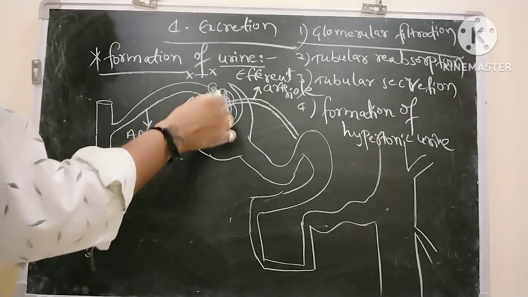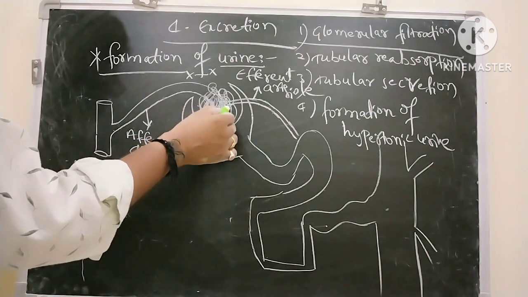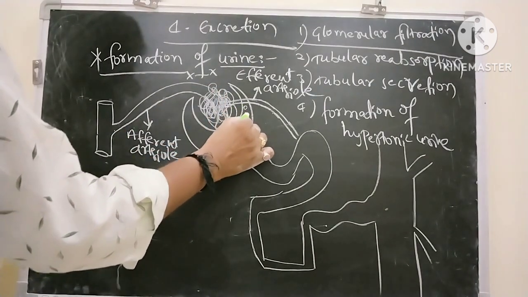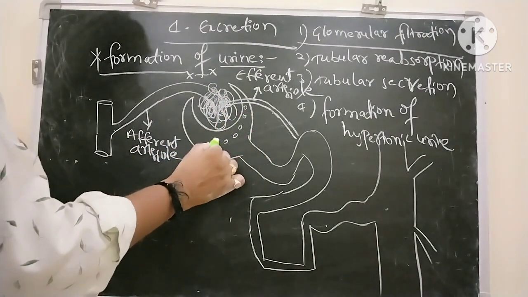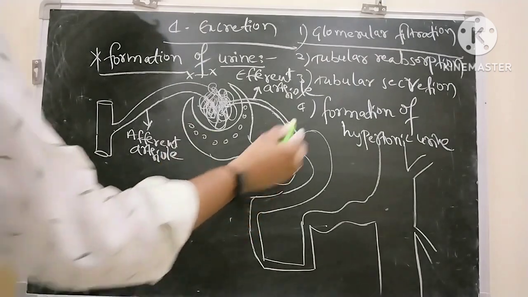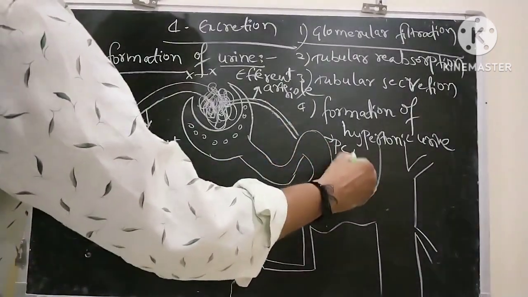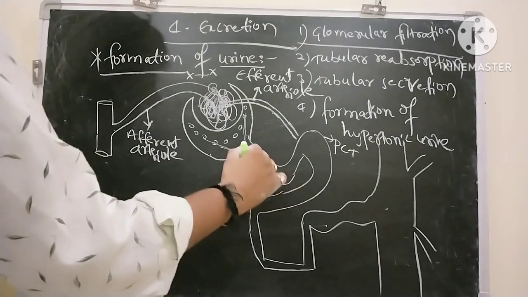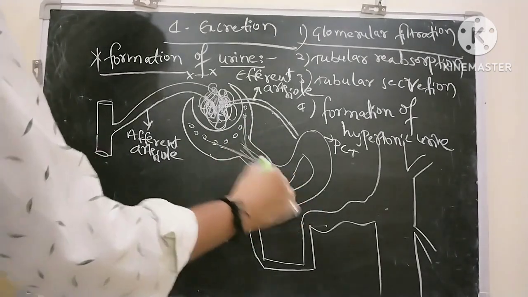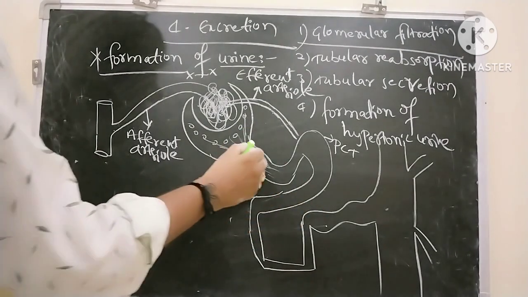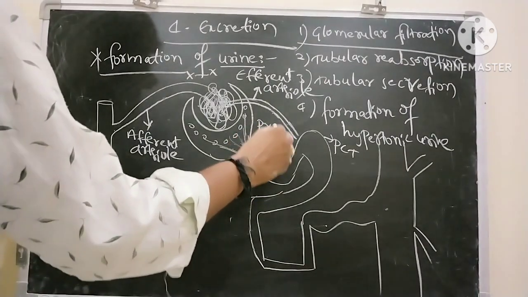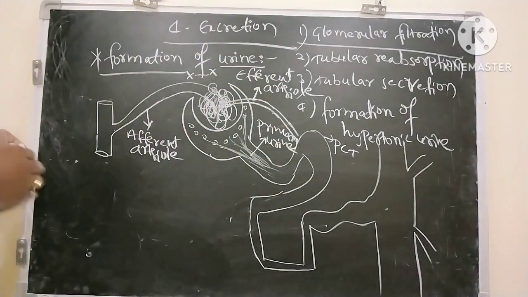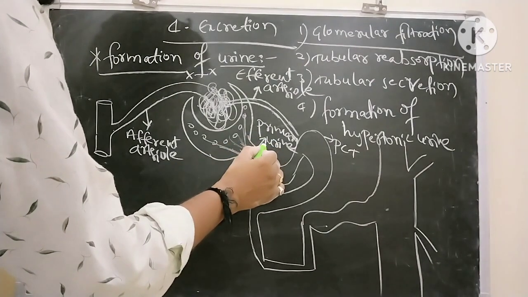Because of this, filtration occurs here, and whatever the filtrate obtained, it enters into proximal convoluted tubule, this one, PCT. We call this primary urine. This primary urine is red in color.